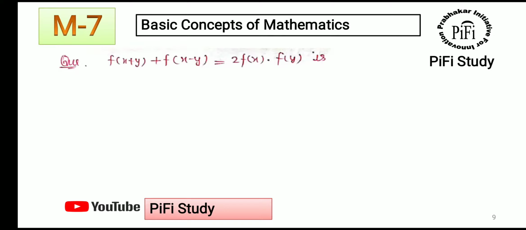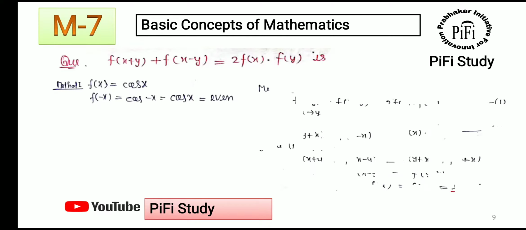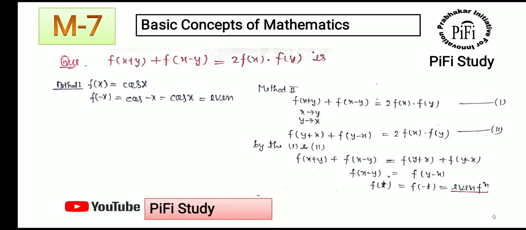In this case, if you assume f(x) is equal to cos x, then f(x) equals cos x and f(y) equals cos y satisfy the condition given in this question. And cos x is an even function, so directly you can say it is an even function. This is the first method to figure out whether the function is even or odd.